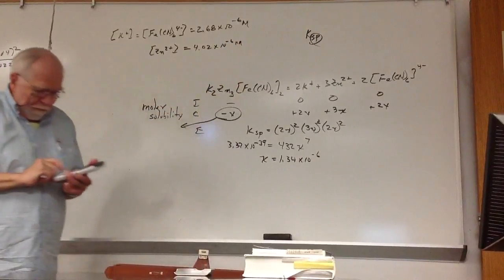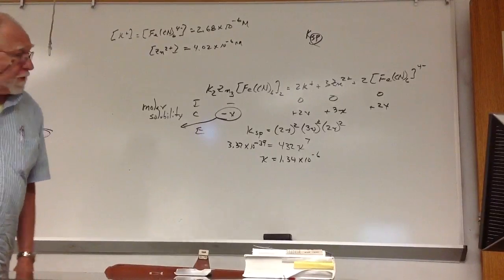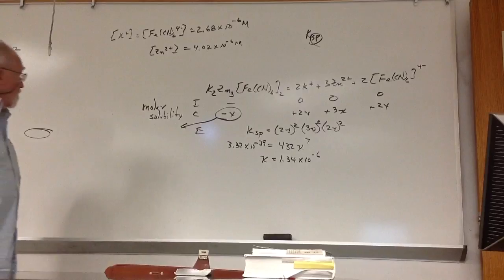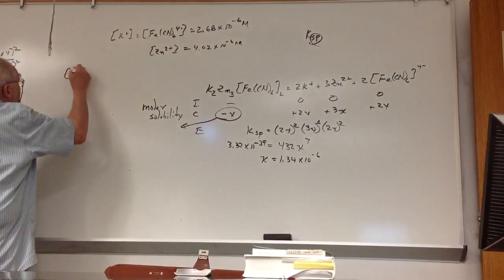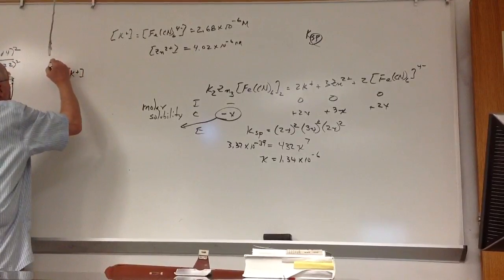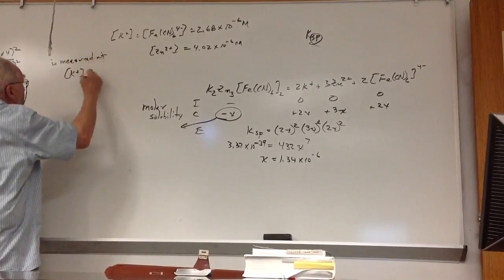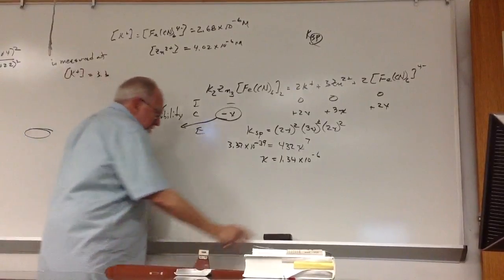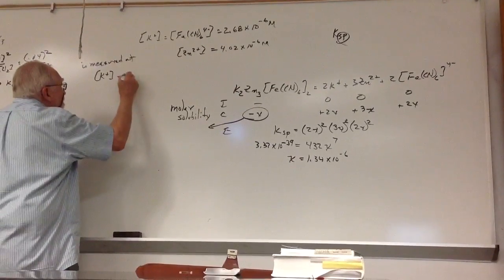Okay. This is the type where you're going from K to concentration. The other type, going from concentration to K, I could say, for instance, we measured the concentration of potassium. Let's make it so I can read it.